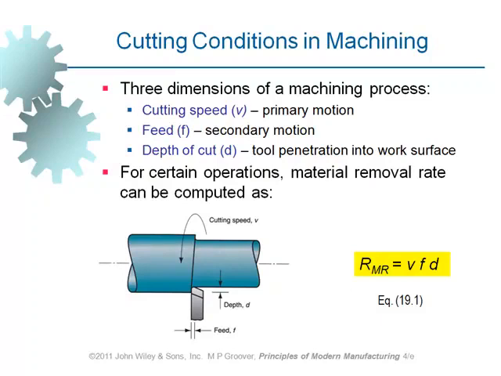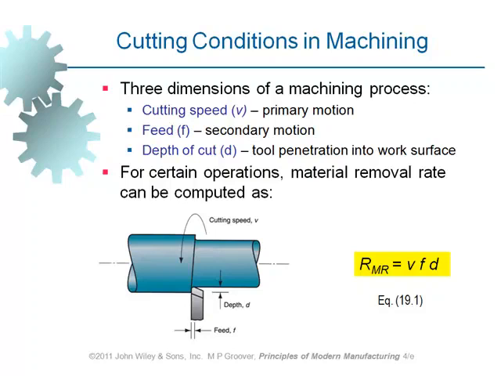Okay, and let's quickly review the three important parameters which govern any machining operation. For example, in this slide we can see a representation of a turning operation. And the three dominant parameters are listed here: cutting speed, feed, and depth of cut.